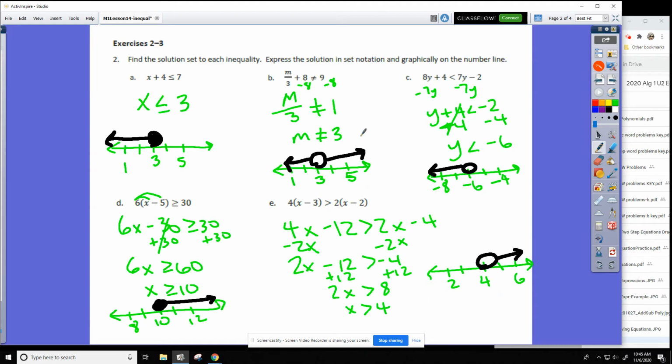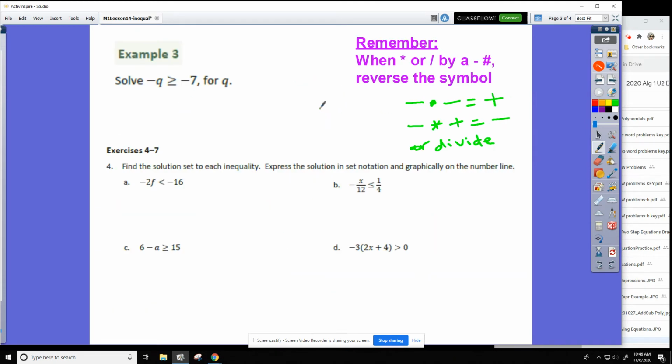So if we go back to the previous page, this is saying 1 will work. 1 plus 4 less than 7? Yes. This is also saying 5 will not work. You could always check your answer. So 5 plus 4, that's 9. 9 is not less than 7. So when you are adding, multiplying or dividing by a negative, you could always check your answer.